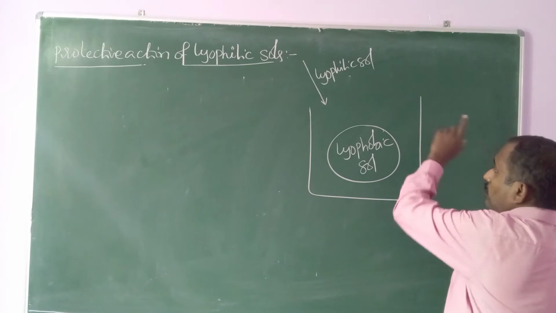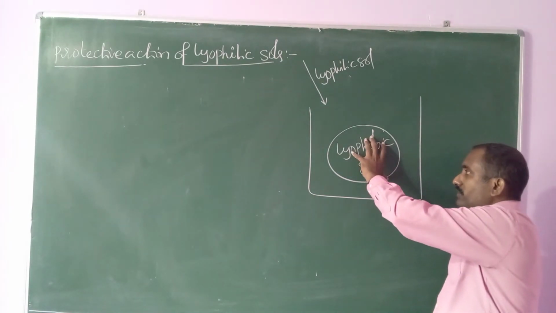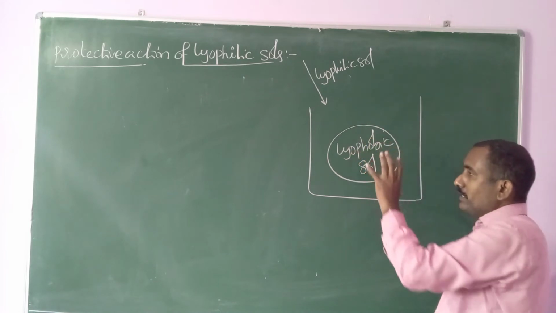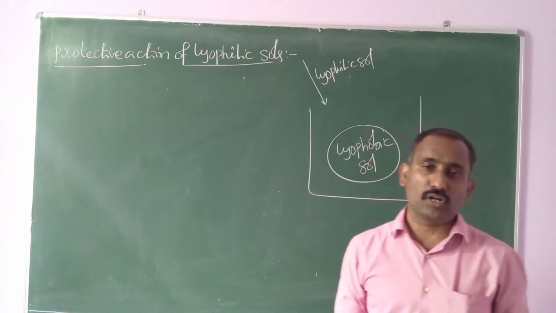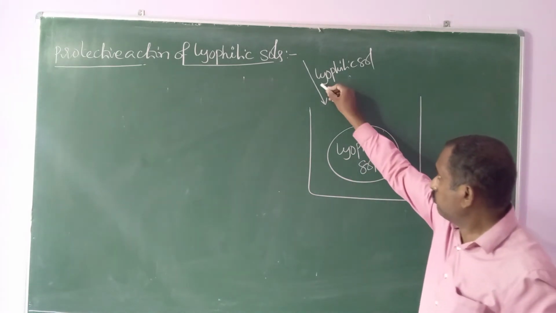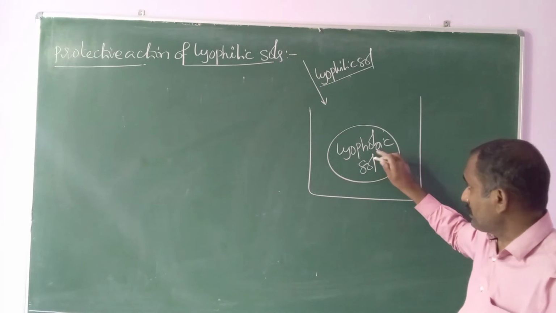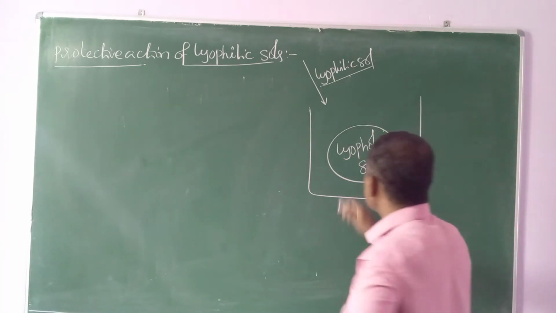Again I am repeating, lyophobic soles readily undergo coagulation by the addition of electrolyte. Now, before addition of electrolyte, to this lyophobic sole, if you add a lyophilic sole, then what happens?